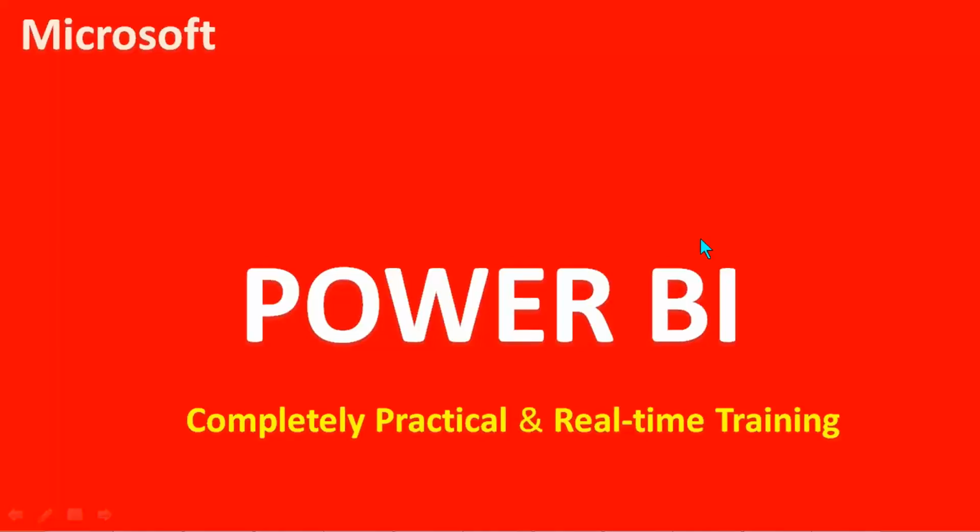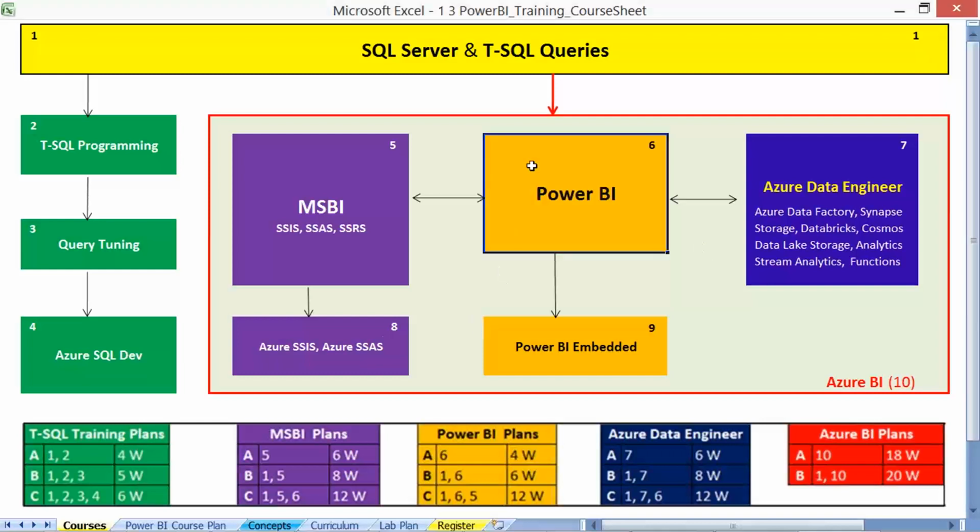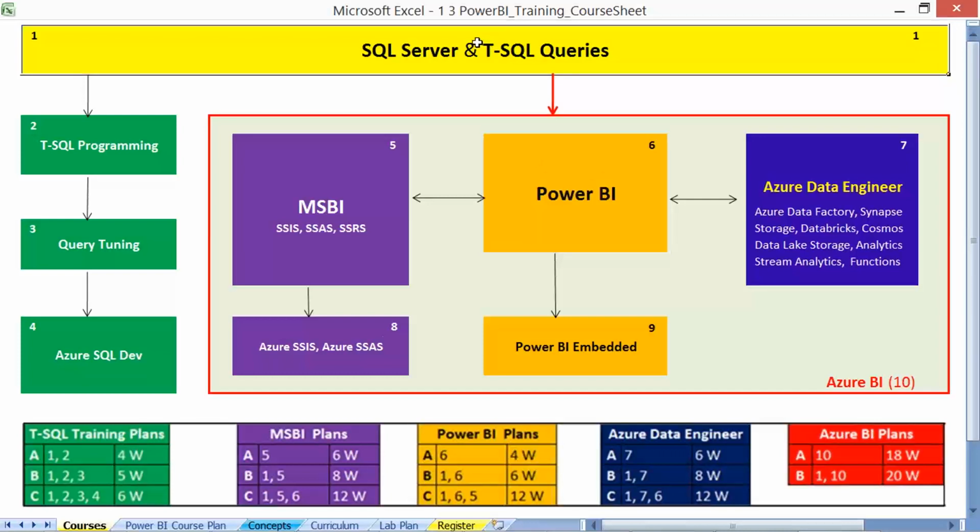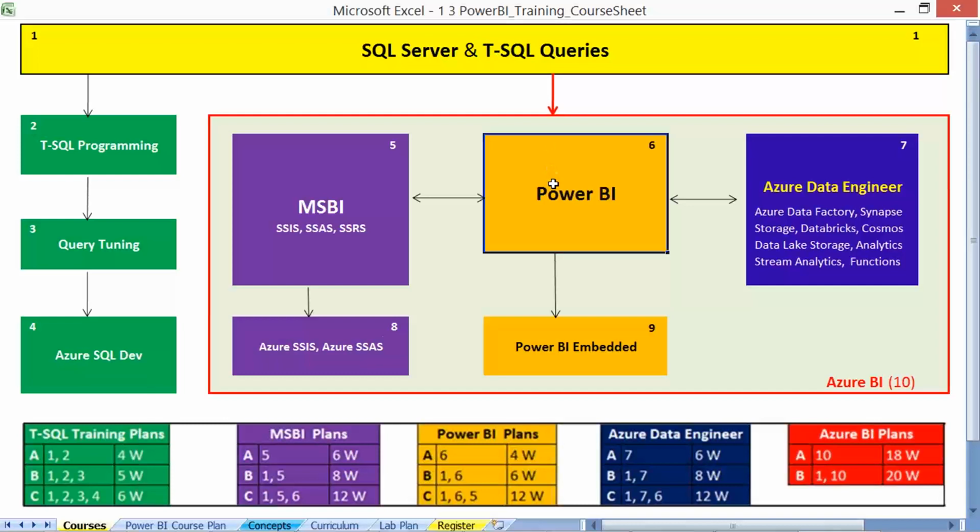So here it is. We're into box number 6 in our course. And the prerequisites, we need to have SQL Server and Transact SQL queries. The basic queries should be fine, especially joins, group by, and normal forms, mainly to manage the relationship and data models in Power BI.